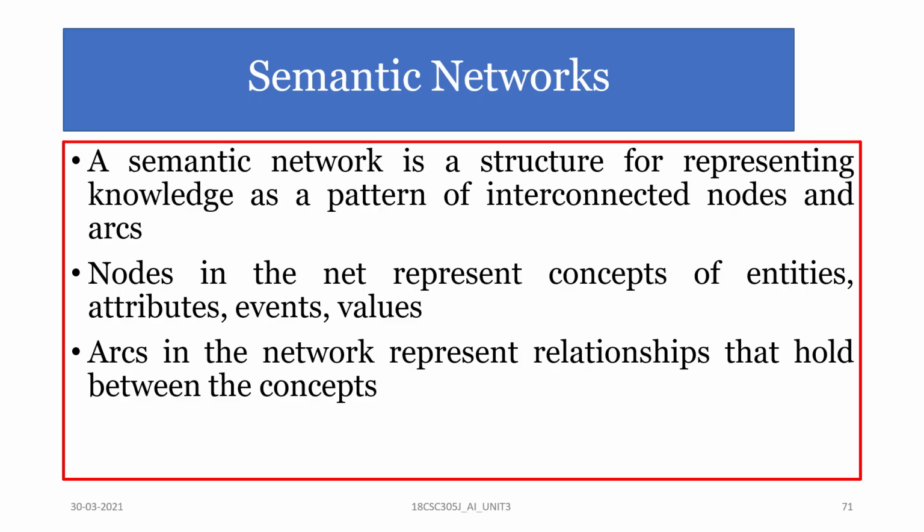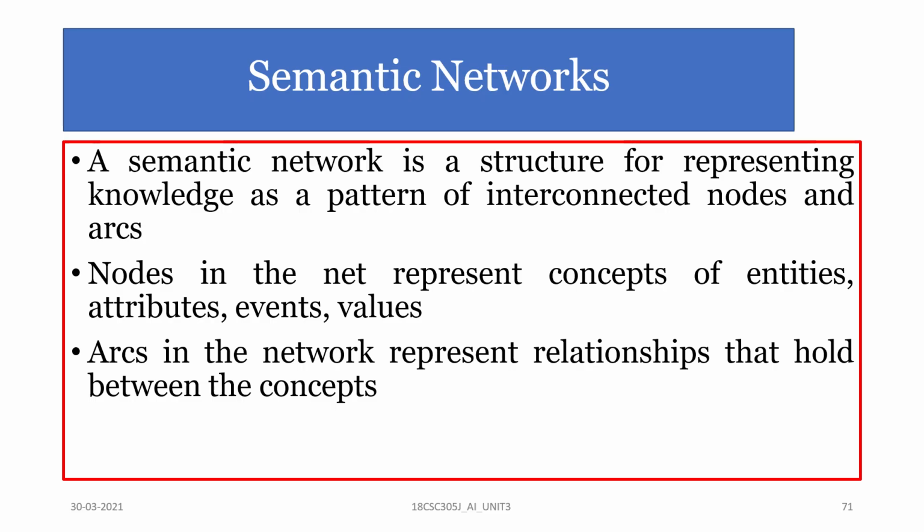So the components: the nodes. Nodes can represent entities, attributes, events, and values. For entities, we can take as examples animal, car, or person. Attributes are color or size. Events are examinations or birthday parties.